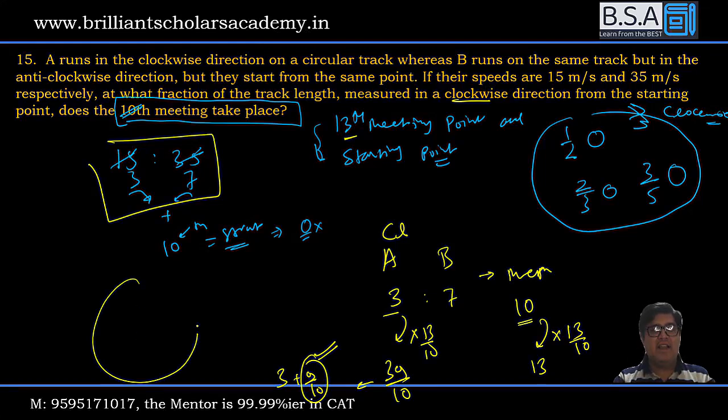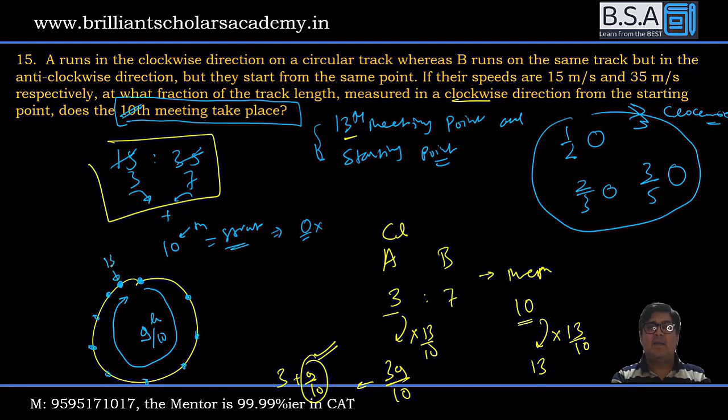If you had made 10 partitions of the circle, let us say 1 2 3 4 5 6 7 8 9 and assume this is the 10th, that is the 10th partition, then they would meet here. Completing 9/10 of the circle clockwise, they meet here the 13th time.